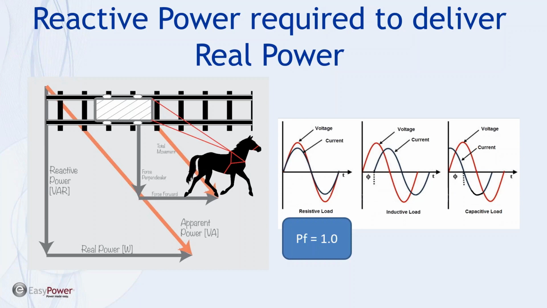And so to be able to produce a forward effort or forward motion, the horse has to apply some energy to the side, which does not really move the carriage. And so the analogy is the apparent power, which is the total force the horse has to apply, results in real power, which is motion of the carriage, but also the reactive power, which is the strain on the horse because he has to pull at the angle.